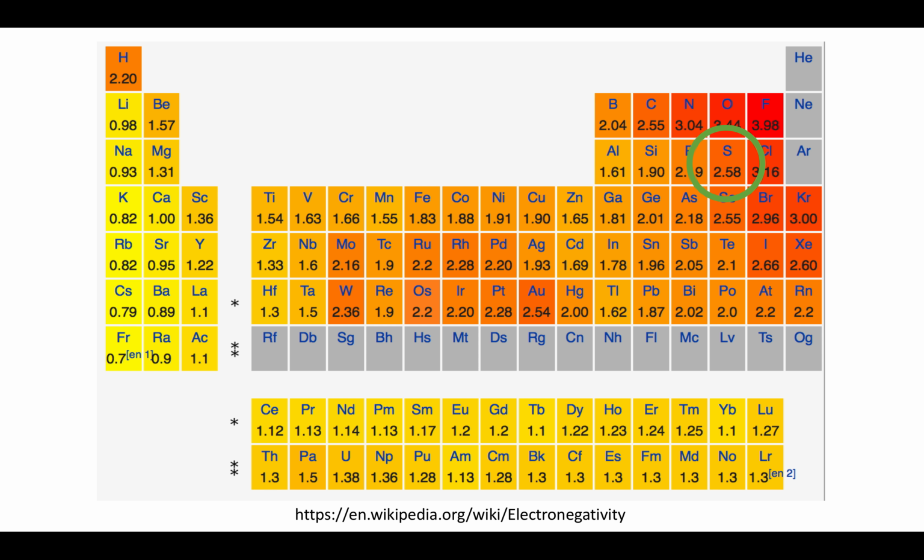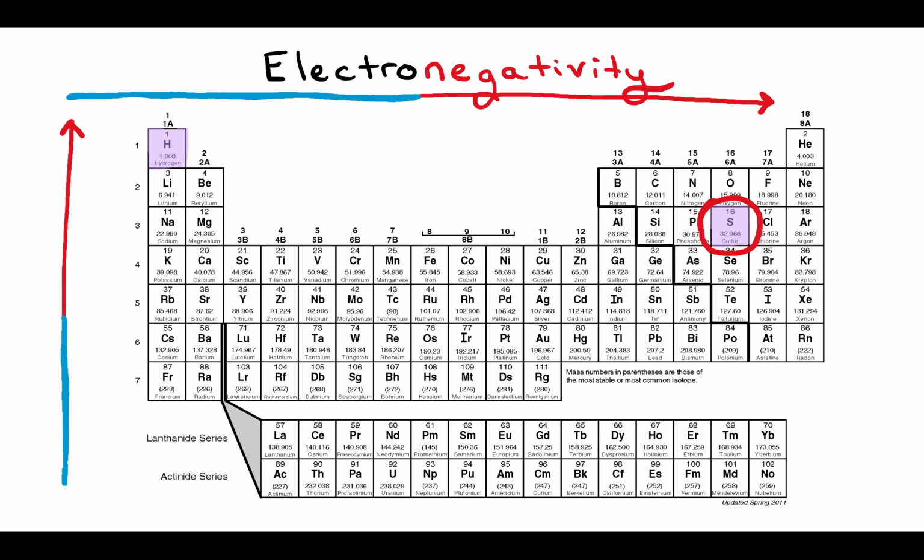So here on this table, a number is given to every element that says how electronegative it is, quantitatively. The higher the number, the more electronegative. So sulfur here is 2.58, hydrogen is 2.20, and because sulfur has a higher number, sulfur is more electronegative. So of these two, sulfur is the more electronegative atom.